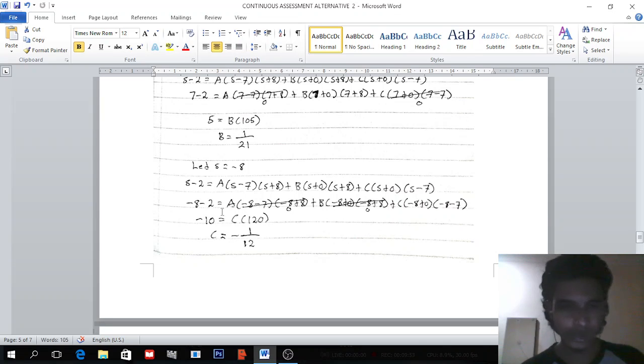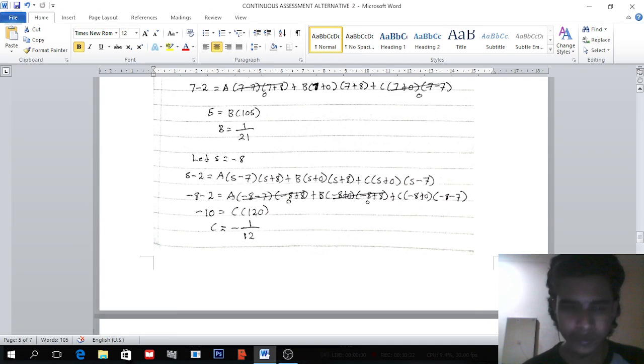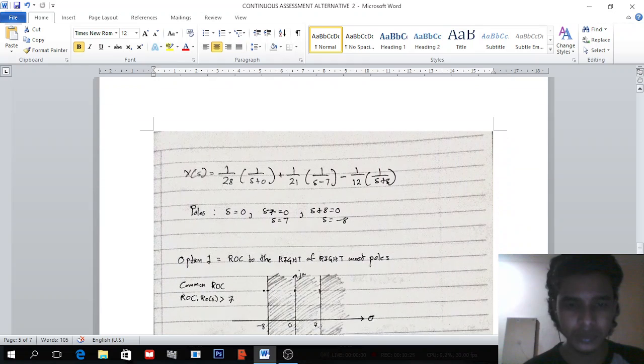So reading the equation here, you need to cut it here and cut it here, and you would get negative 10, and as per here you need to multiply, negative 8 times negative 8 plus negative 8 times negative 7. After calculating it would be 120. We replace it, it would be C equals negative 1 over 12.